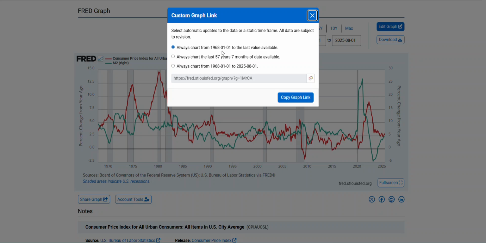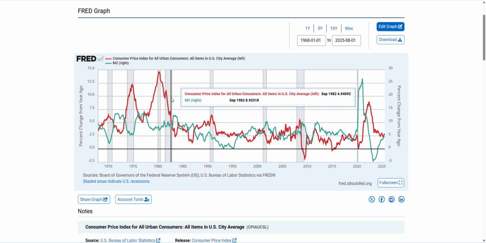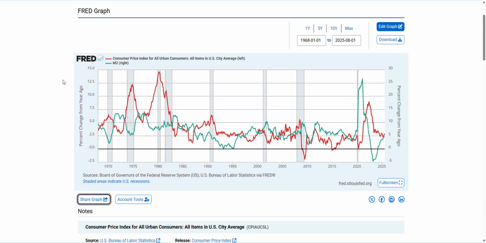Always chart from 1968 to the last value available. Yeah, I like that. Or the third one here is always give me exactly the same chart no matter how many years later I ask for it. I'm going to take number one. I'm going to go right here and copy the link, or I can do this, copy the graph link, and now I am ready to paste in the bonus.